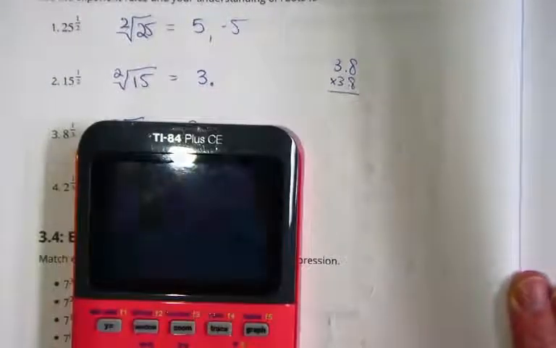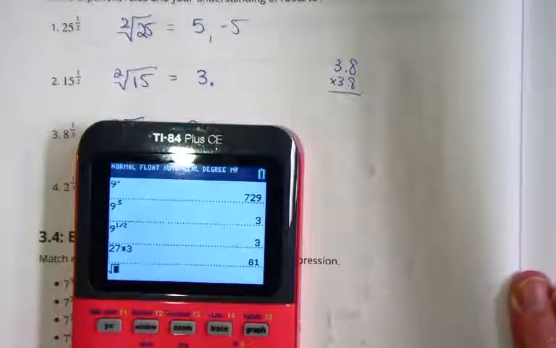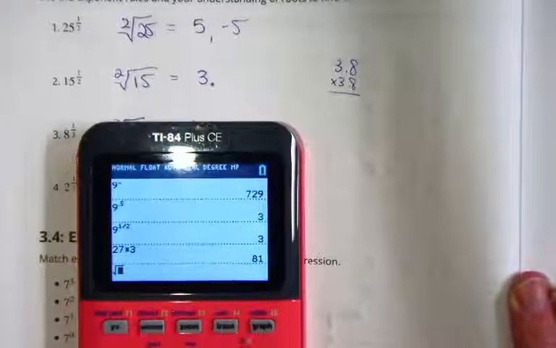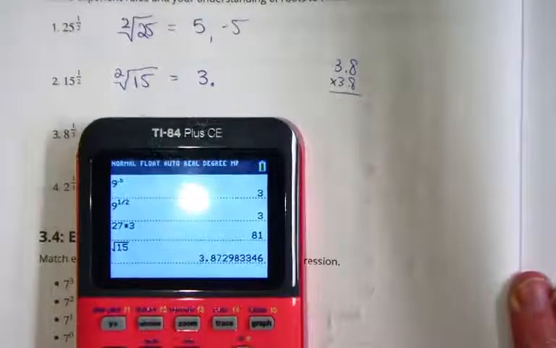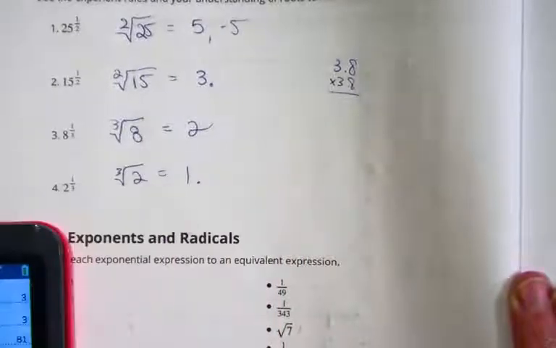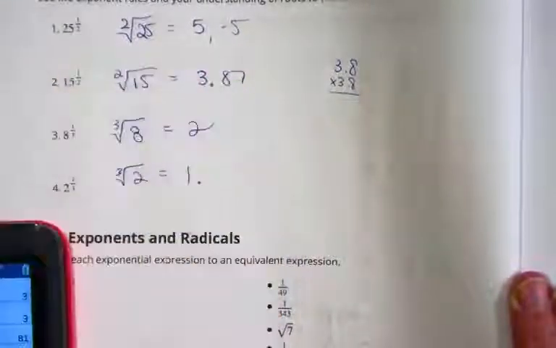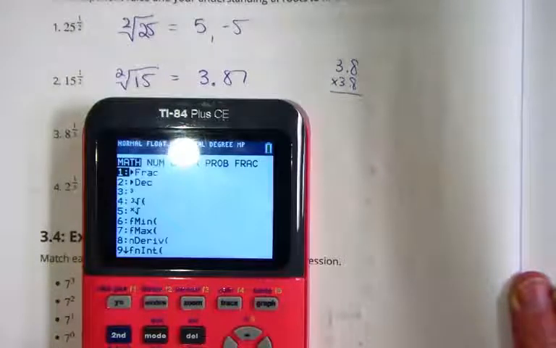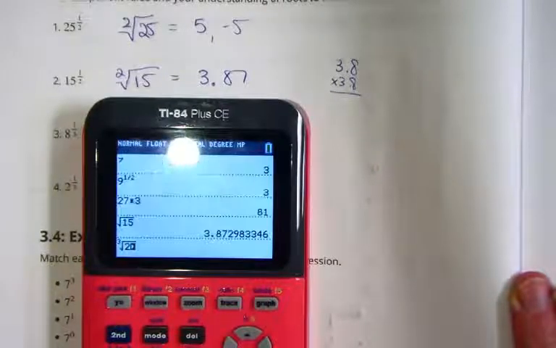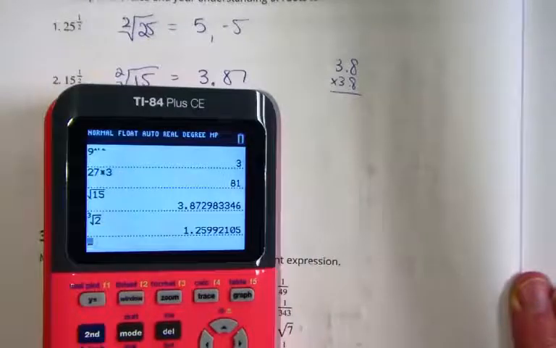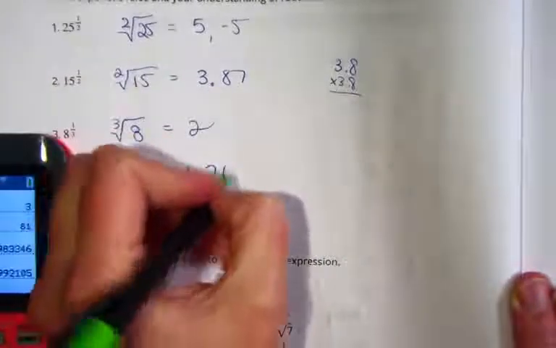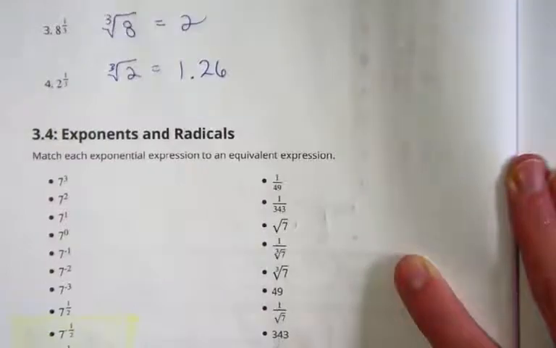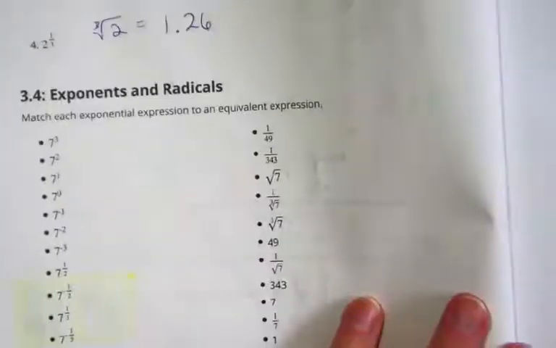But yeah, it's a-okay to go here and be saying, hey, what is the square root of something like 15? And there's that 3.87. What is the third root of 2? 1.26.